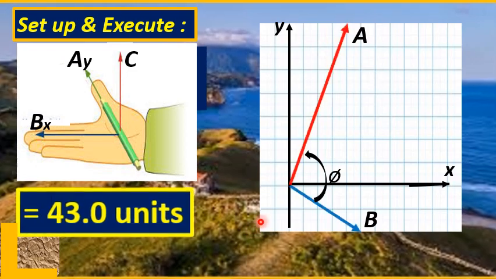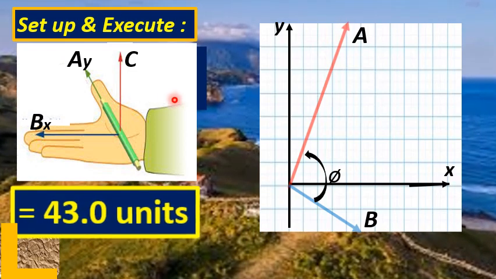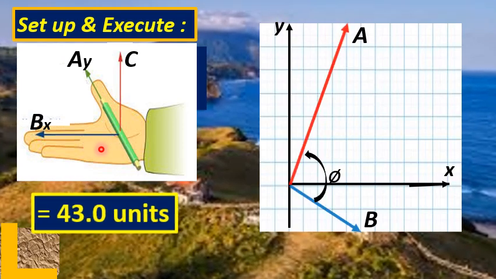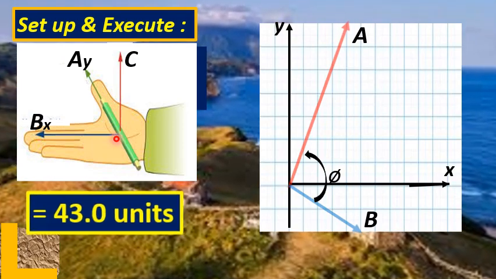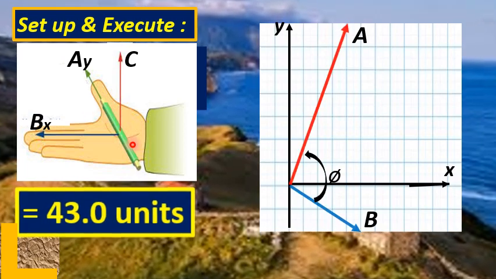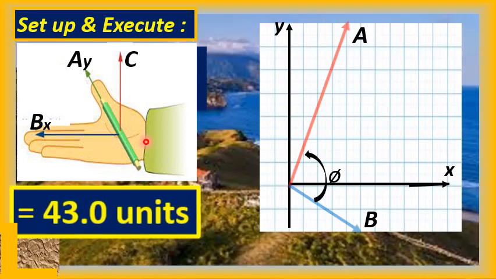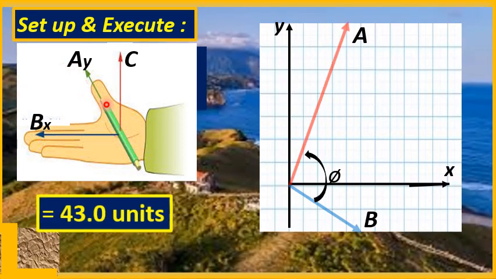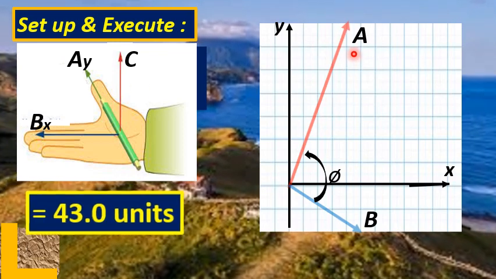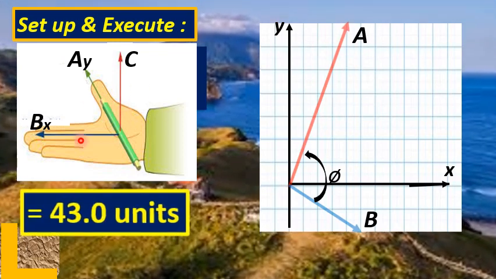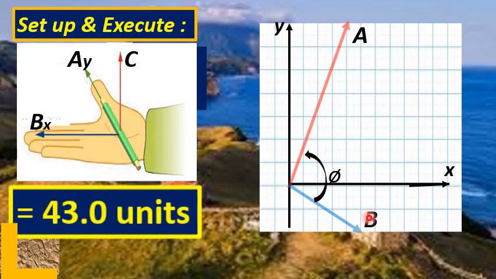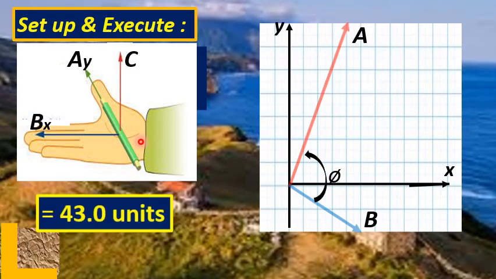All right, and in determining the direction of this vector C, we again make use of the right hand slap rule shown in this drawing, right? So extend your forefingers and your thumb in such a way that they form a 90-degree angle, right? So the thumb represents the y component of vector A, all right? While the other four fingers represent the x component of vector B, all right?